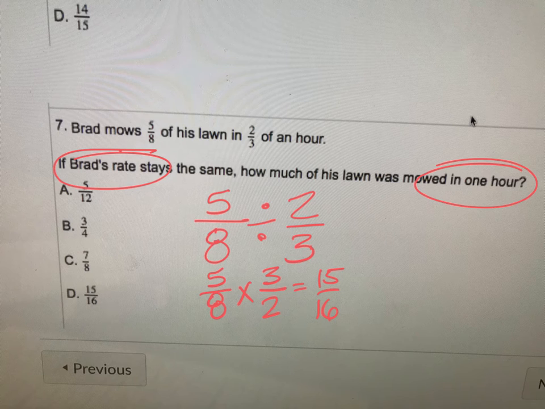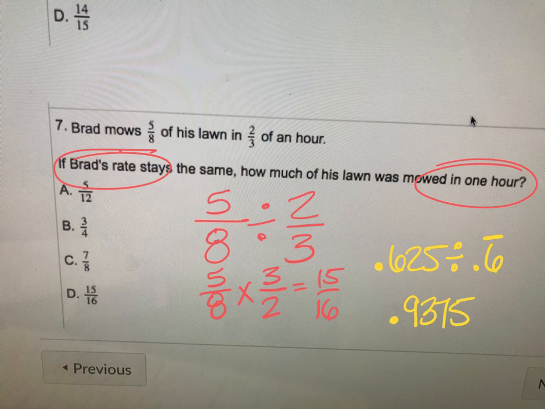Okay, Kaysen, you did decimals. What did it give you when you changed them to decimals? 0.625 divided by 0.6 repeating. Remember, on that repeating decimal, you've got to fill the entire screen up. And that gave you 0.9375.